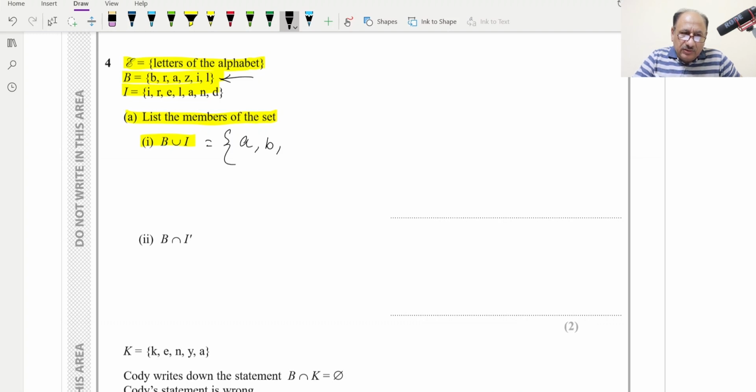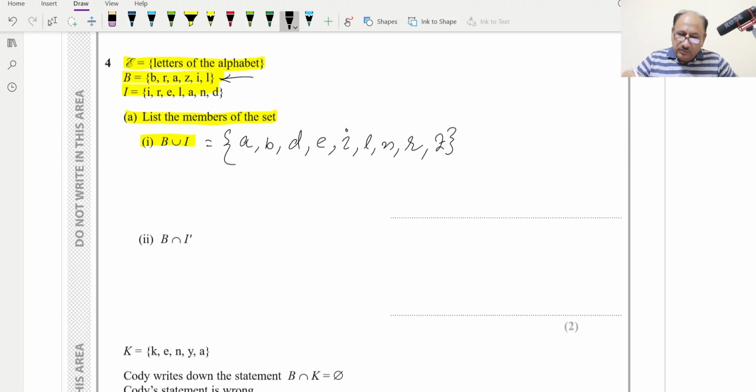C is not there. D is there in I, so D. E is also there in I, and F is not there. F, G, H, I is there, so we will write I, it is there in B. So I, J, K, L is there, M, N is there, O, P, Q, R is also there, S, T, U, V, W, X, Y, and Z is also there.